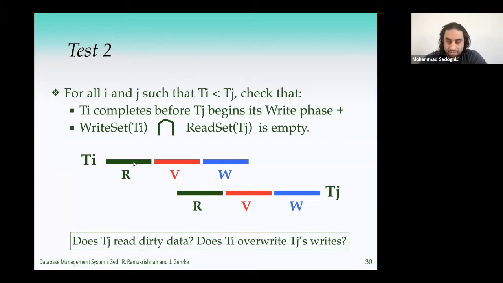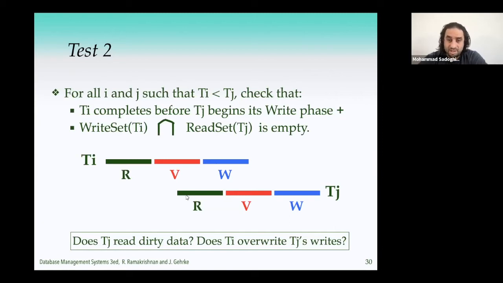So as long as Ti completes before Tj's write phase, we've eliminated all those potential anomalies. The only anomaly left is what if what Ti is writing overlaps with what Tj is reading. It's possible that Tj, depending on when those reads are done, sees some of these updates and may not see all of them.